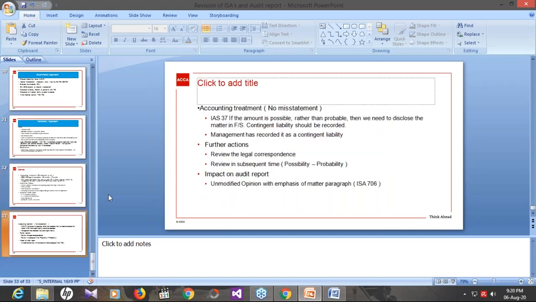But in case we are not able to find any misstatement after discussion of the relevant accounting standard, then we will think whether we have to just issue an unmodified opinion or an unmodified opinion with emphasis of matter paragraph. This is one of the most typical types of audit report questions that the examiner normally assesses. So this is how you are going to tackle this question.